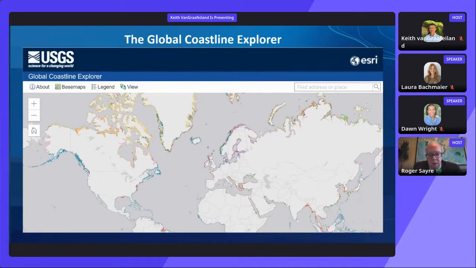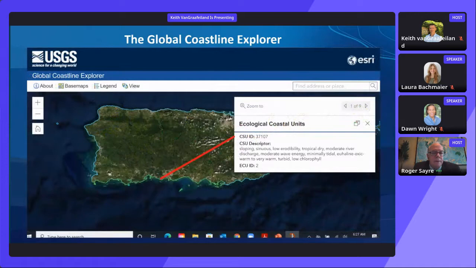All that functionality is available. And so at this point, you zoom into your area of interest, Keith. And here we have zoomed to Puerto Rico, and we queried a 1 kilometer length of coastline on the island's southern shores. And there you have all the results, all the CSU properties, as well as what ECU that coastline belongs with.